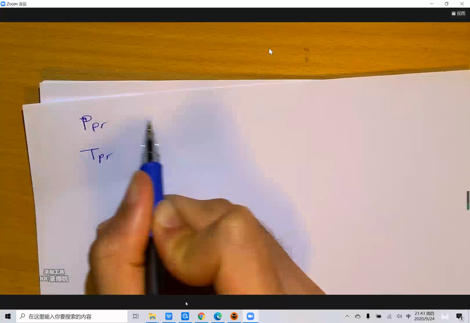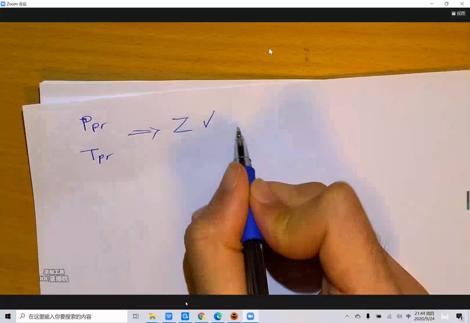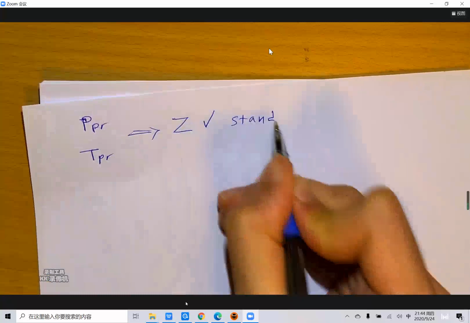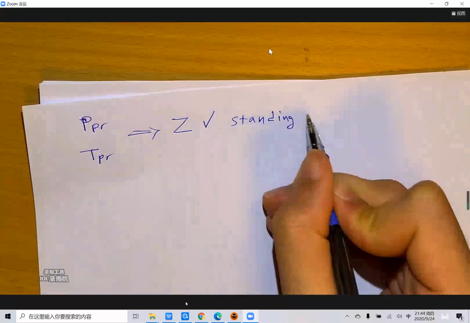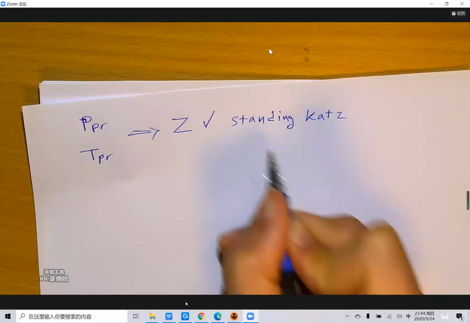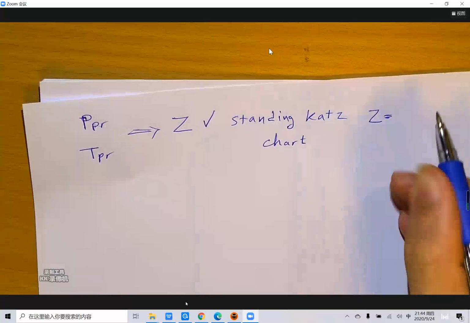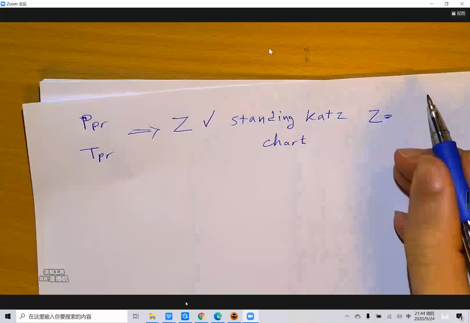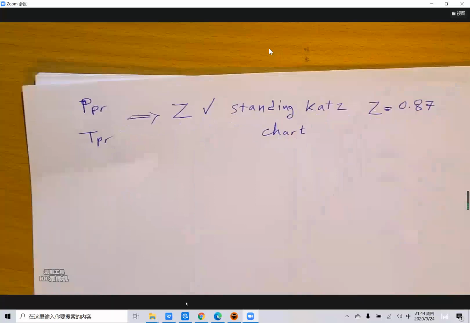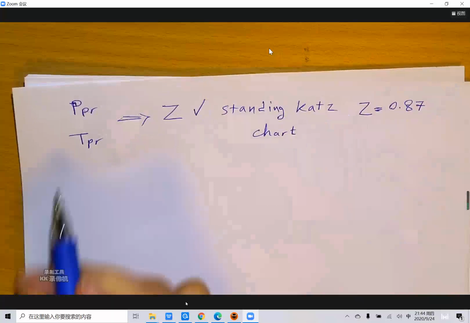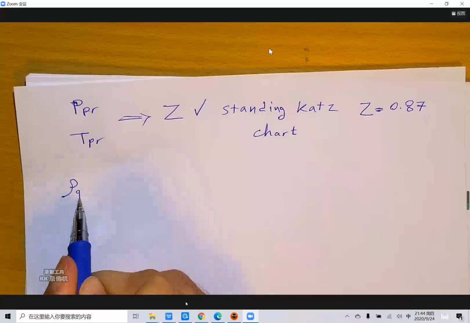You find the compressibility factor, again, using the Standing chart. Z is 0.87 here. Now we need to find the density of the gas.